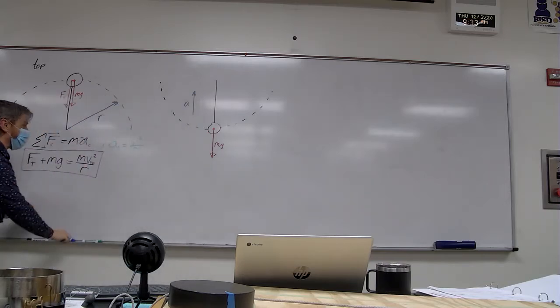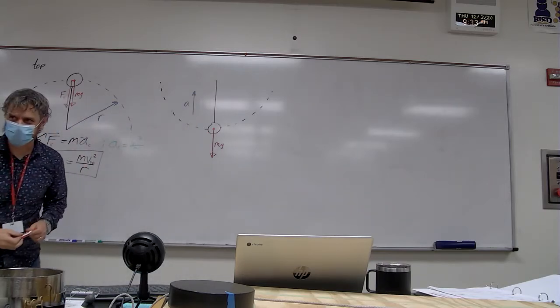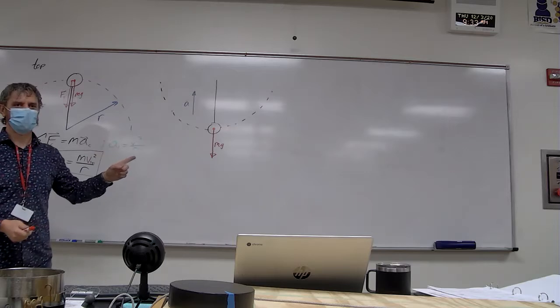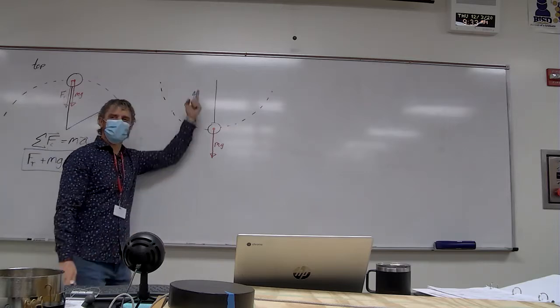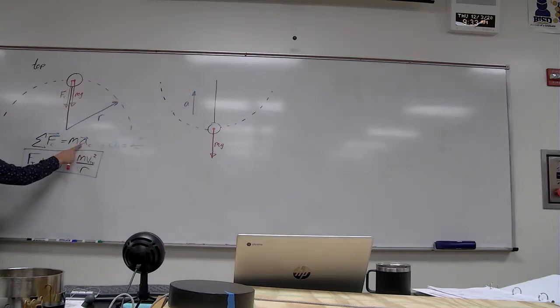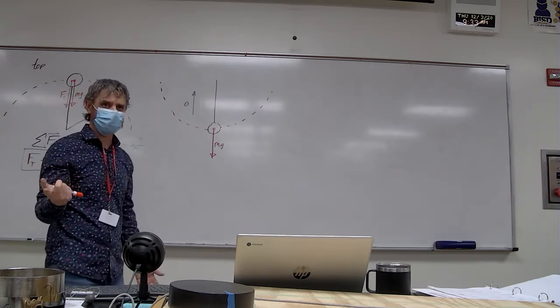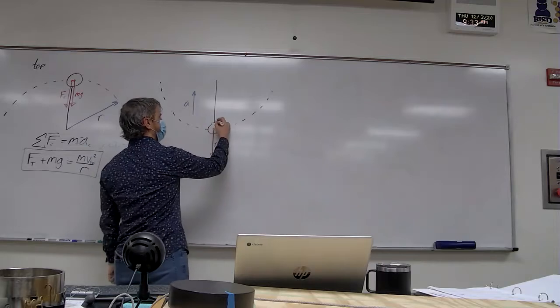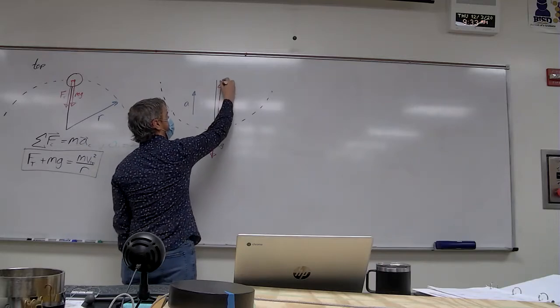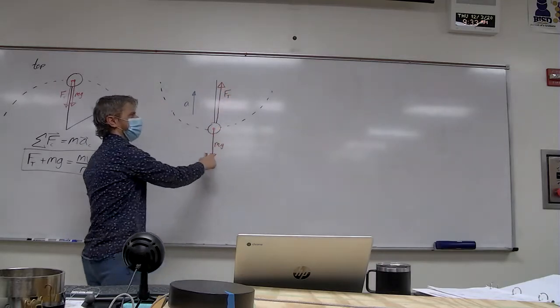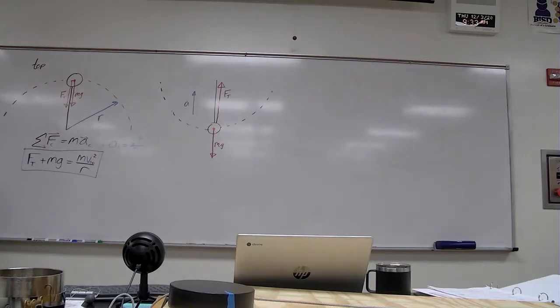Just to show you why the tension must be larger than the weight force. Because if the acceleration points towards the center of the circle, according to Newton's second law, the net force must also point towards the center of the circle, which means that the tension force must be larger than the weight force in order for that to happen, right?